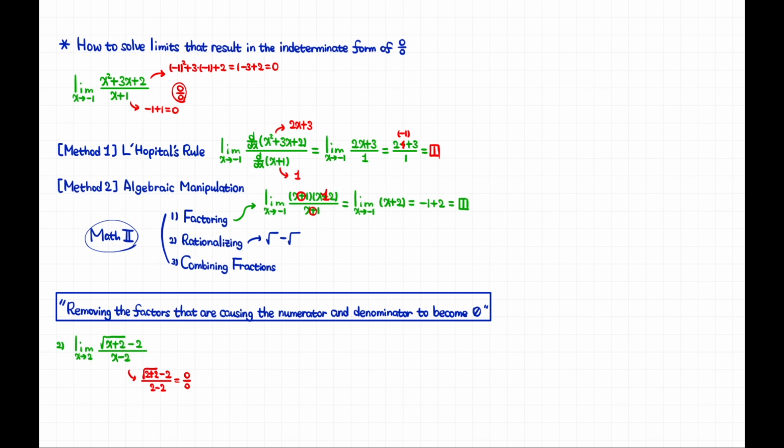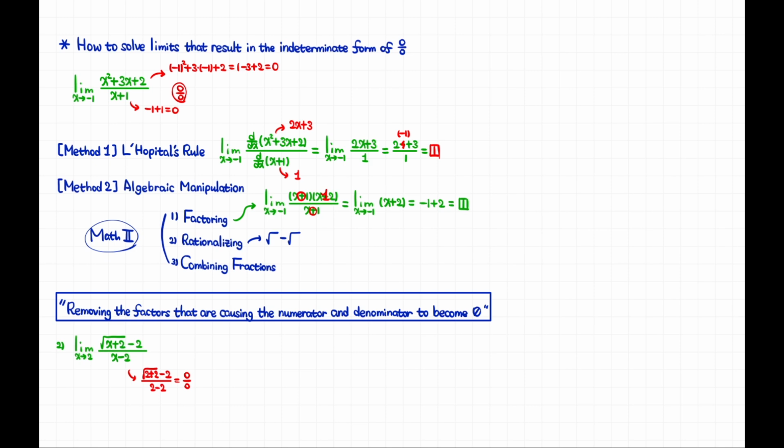Method 1, L'Hopital's rule, or method 2, using algebraic manipulation to remove the zero-causing factor and then plugging in the value to find the actual limit. In this case, we are choosing the second option, and since the expression has the form of root minus root, we're going with the rationalizing method. That's the basic logic flow for the solution. Got it? Okay.